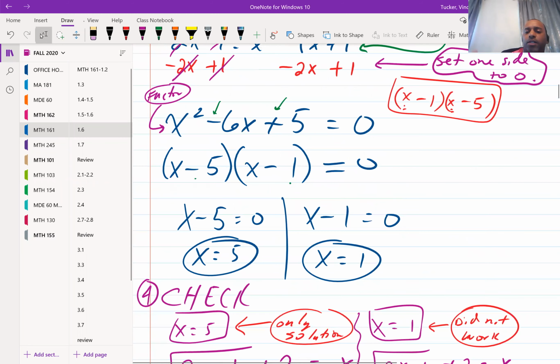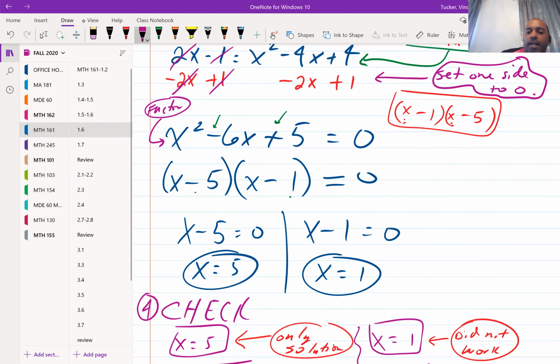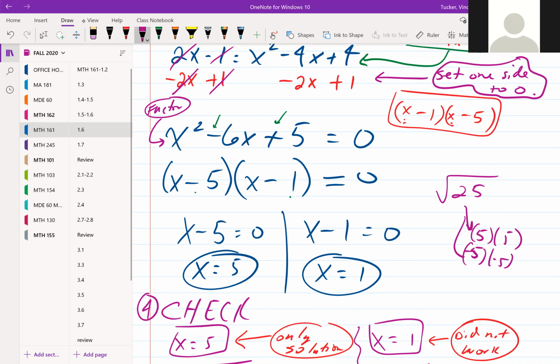Right, because it goes back to when I take the square root of 25, it's 5 because 5 times 5 is 25, but also negative 5 times negative 5 is also 25. So it goes back to the even power relationship. Got it. Okay, thank you.